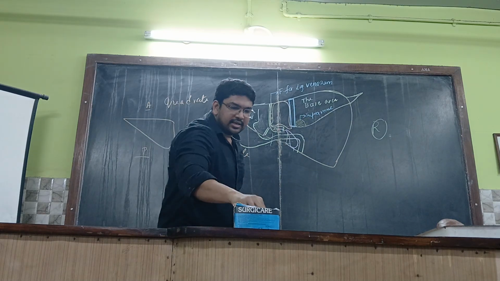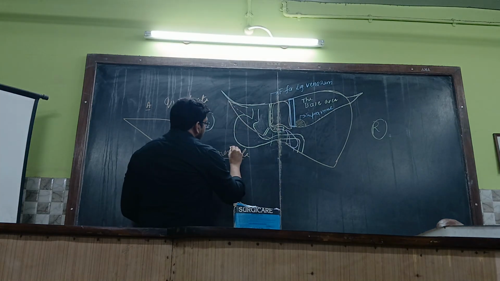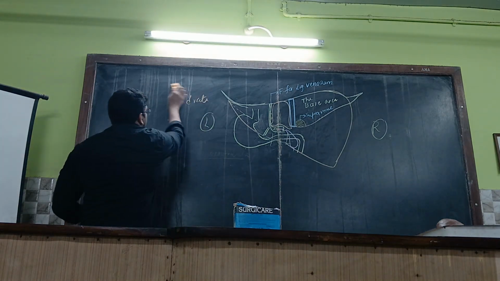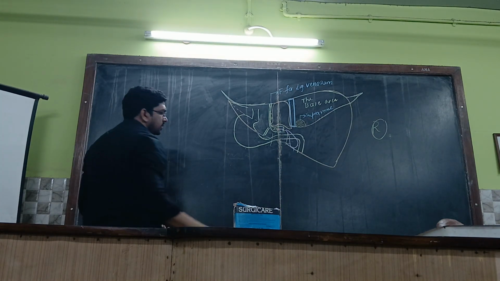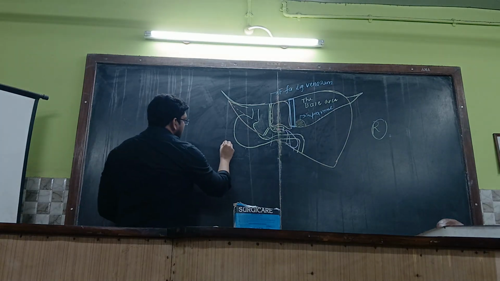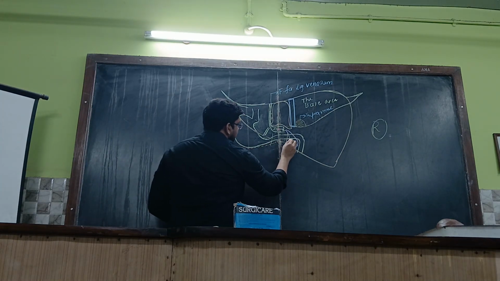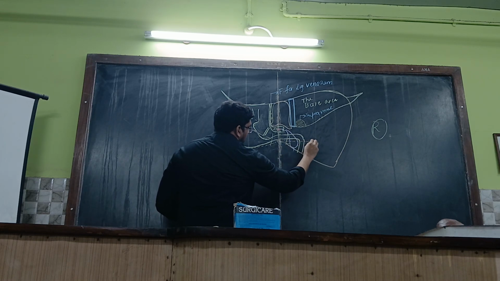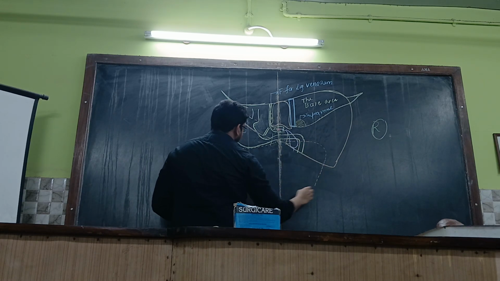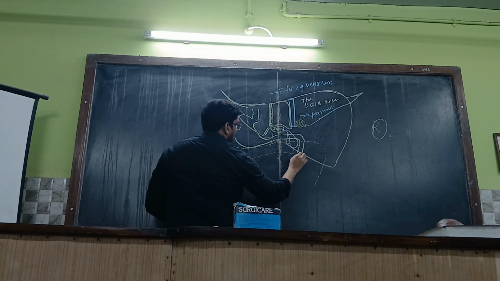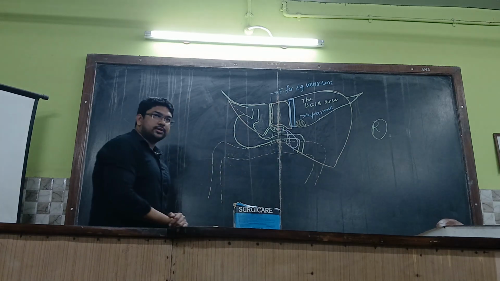Transverse colon. Okay. So transverse colon will be going all the way from... so for example, this is a flexure. Transverse colon will be going in this manner. Getting it out? Right?